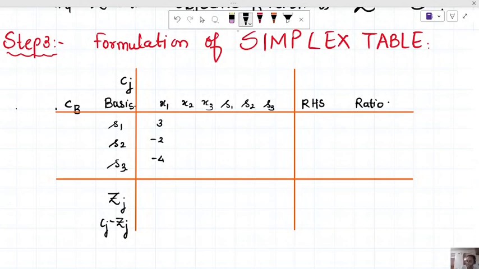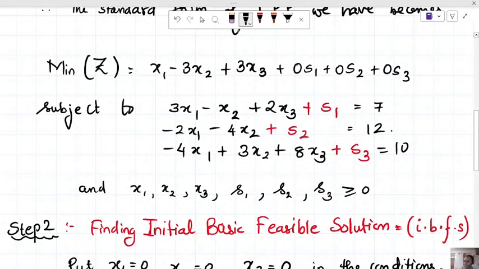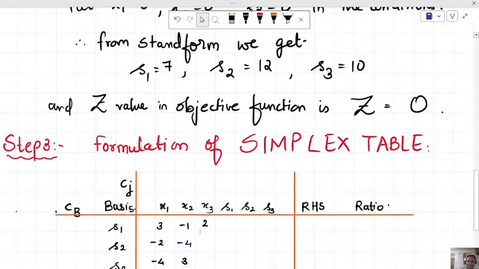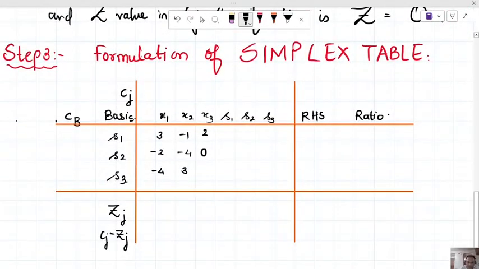The x2 coefficients are minus 1, minus 4, and then 3. The x3 coefficients are 2, then, see, in the second condition there is no x3, so the coefficient will be 0, and then there is 8. Here it is very obvious, it is an identity matrix, so it is 1 0 0, 0 1 0, 0 0 1.